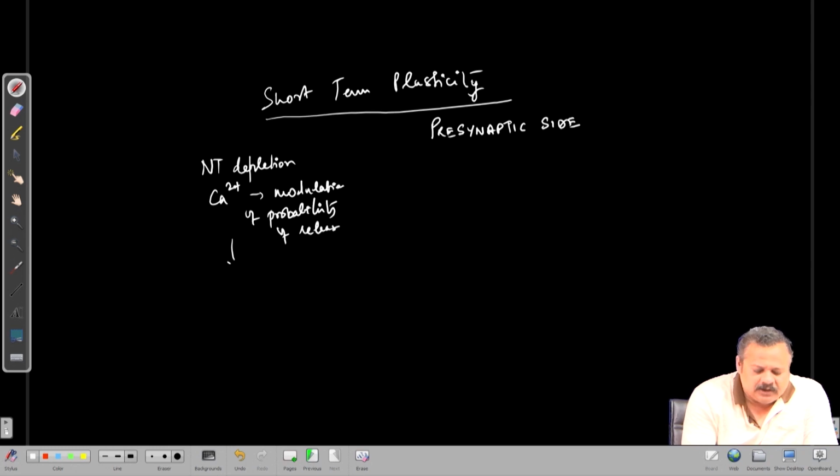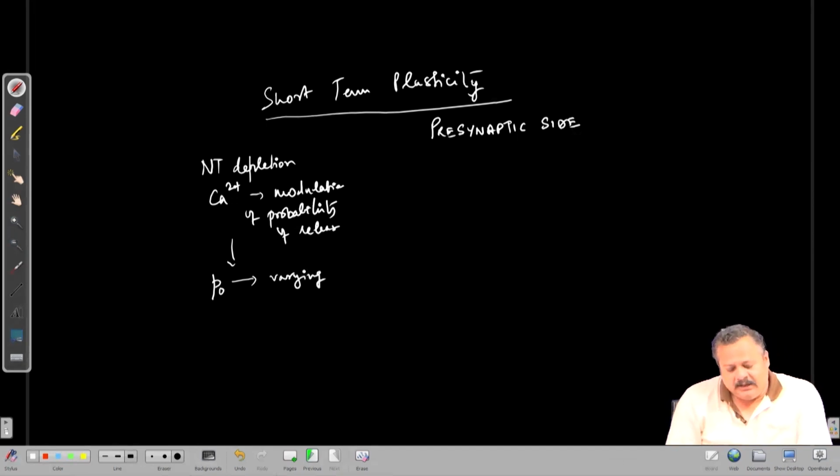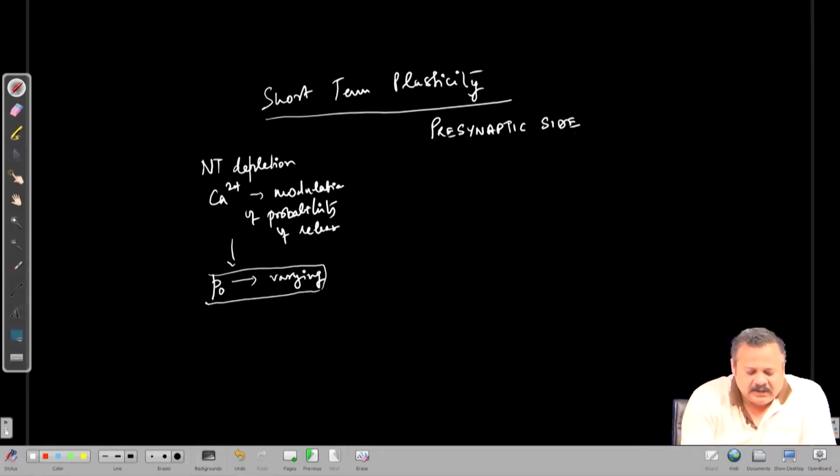Similarly, these can be further extended if our P0, the baseline probability, is also varying over time, which is a possibility in real neurons, that it becomes more excitable with time because of plasticity, and this P0 may be varying with time over longer time constants.